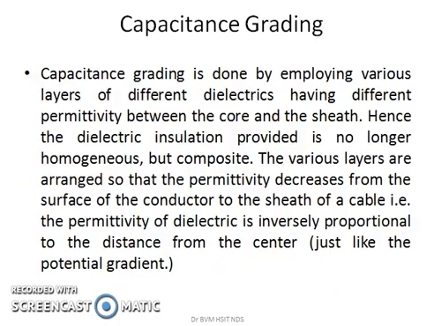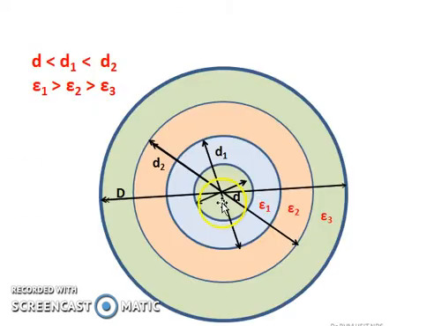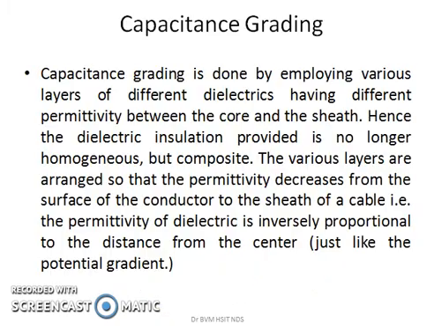Capacitance grading is done by employing various layers of different dielectrics having different permittivity, that's epsilon 1, epsilon 2, epsilon 3, between the core and the sheath.